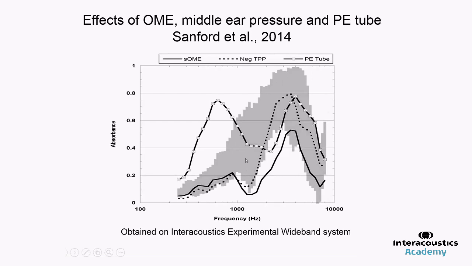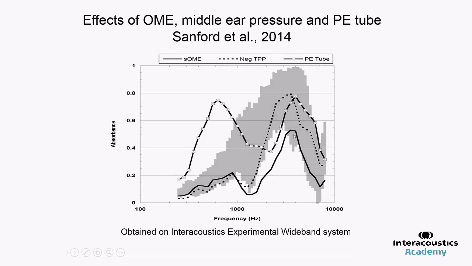And so that's why this range is more sensitive. This is where our ear is most responsive, and this is also where our hearing thresholds are the most sensitive. So it's really the properties of the middle ear that allow our hearing to be most sensitive in this region.